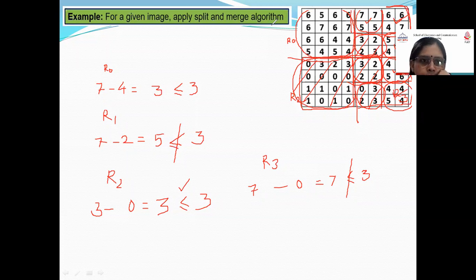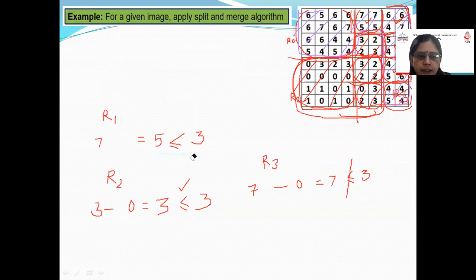So we merge all these regions together. This with this, then this, then this one. So this entire region will be merged as one region, and this entire region will be merged as one region by the split and merge technique.